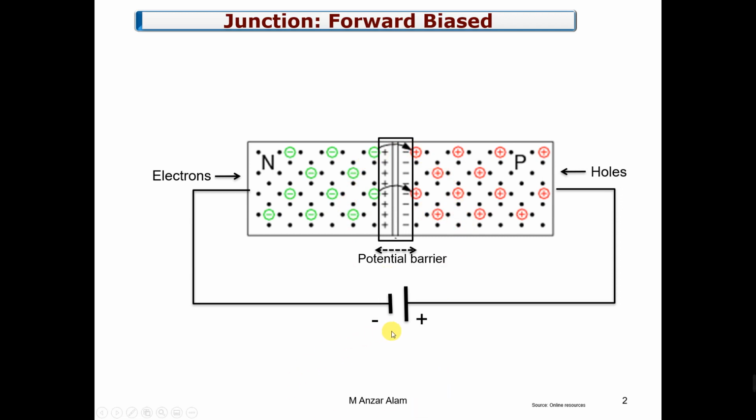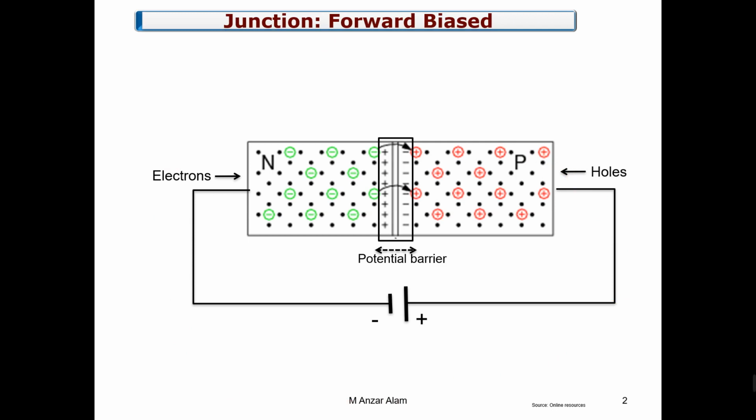So when we connect the positive terminal of an external supply to the p-type, and we connect the negative terminal of the external power supply to the n-type terminal, then this circuit is known as forward bias.